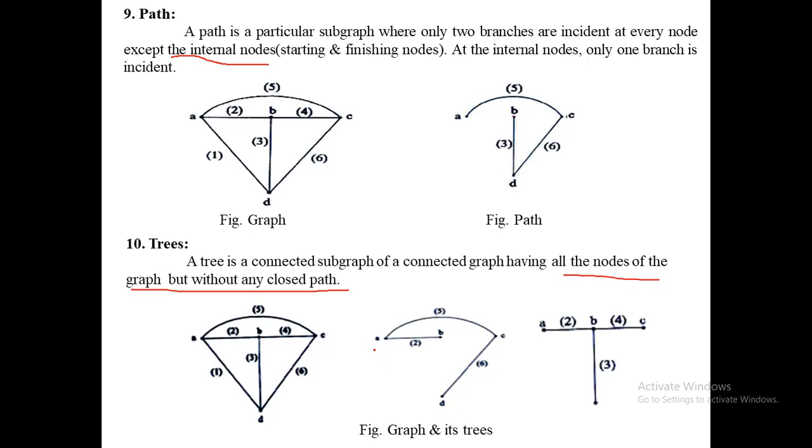We just mark all the nodes of this graph, and it should not contain any closed path. We can draw this as a tree of this graph, or else we can draw this as the tree of the original graph. Either way is fine, because the condition is that all the nodes are present but there is no closed path.